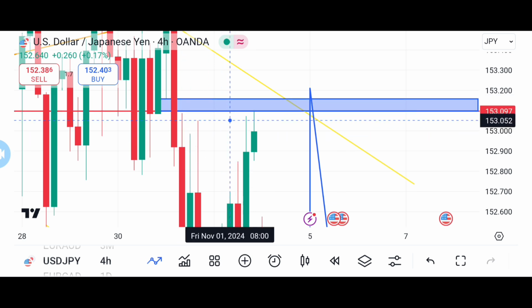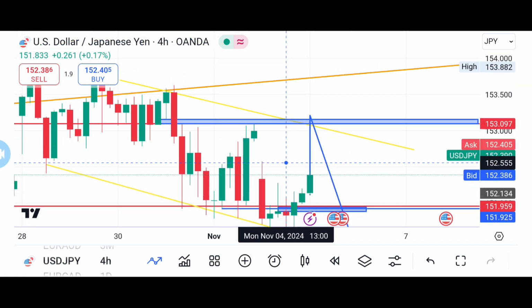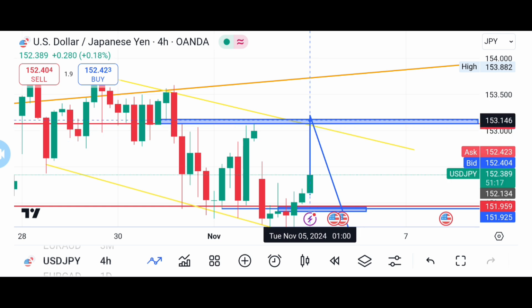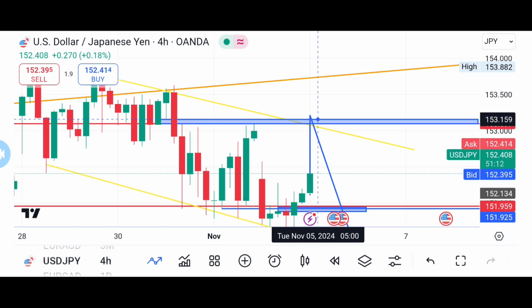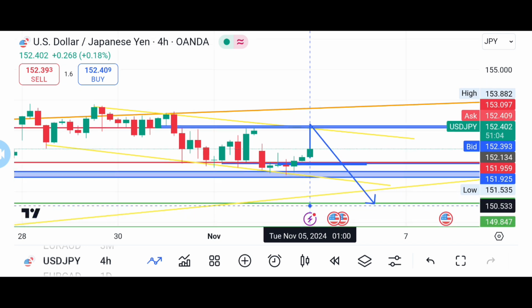It's like a magnet. So that's the reason why I'm saying the price must fill this gap like that. Okay, once it fills this gap, I'm expecting sellers to come in, and we shall sell this pair up to our TP1.